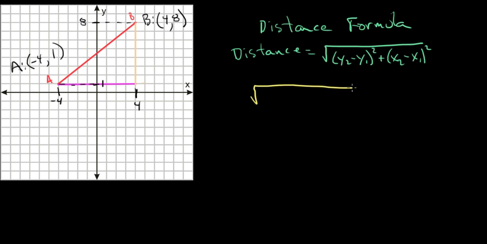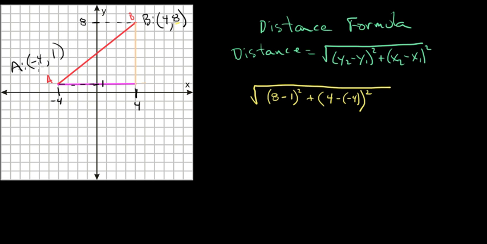Square root of y2, which is 8, minus y1, which is 1. Square that. Add 4 minus -4.